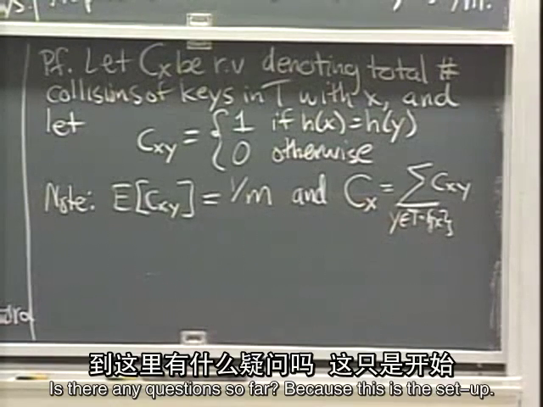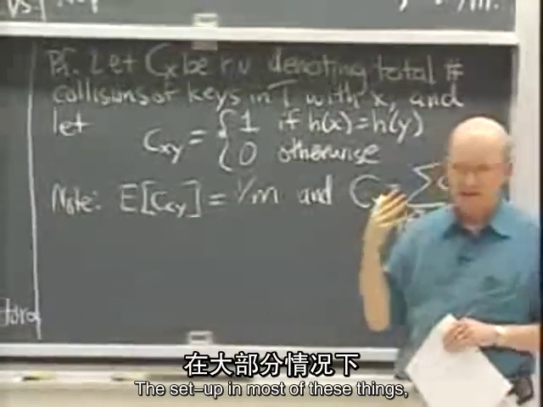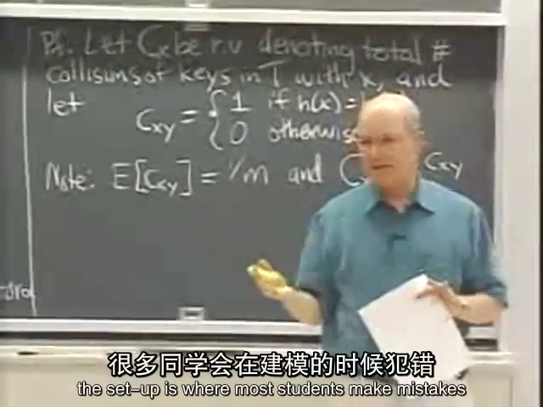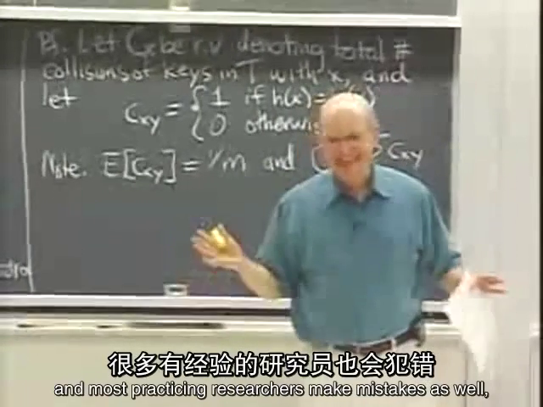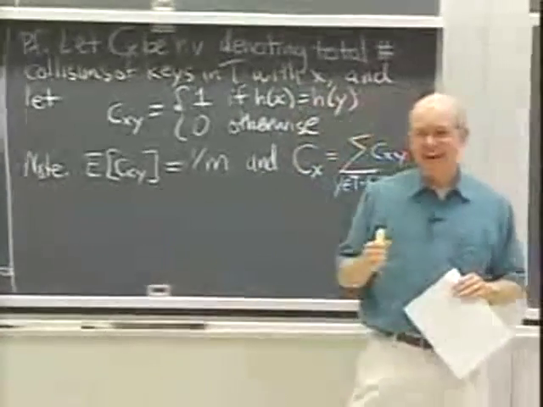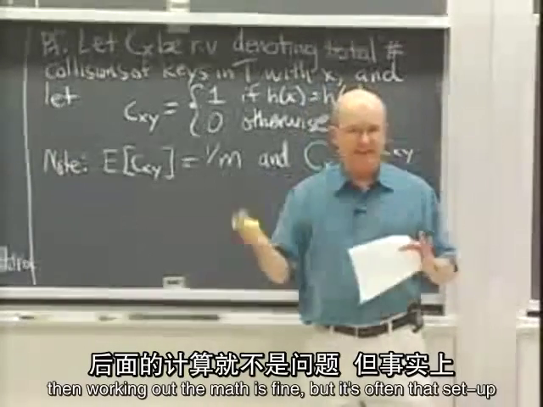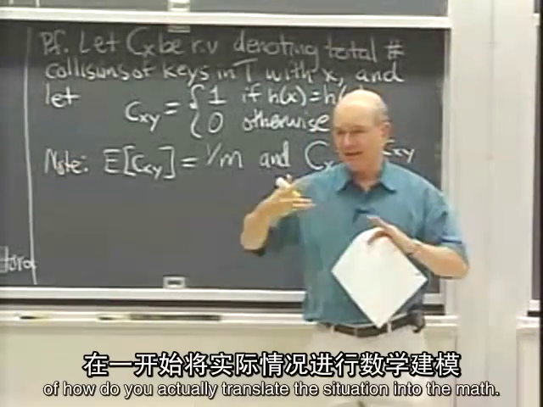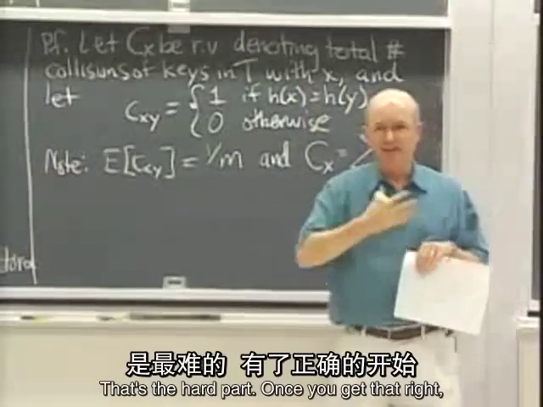So any questions so far? This is the setup. In most of these things, the setup is where most students make mistakes. And most practicing researchers make mistakes as well, let me tell you. Once you get the setup right, then working out the math is fine. It's often that setup of how you translate the situation into the math that's the hard part.